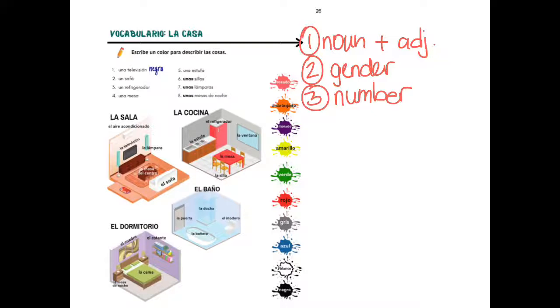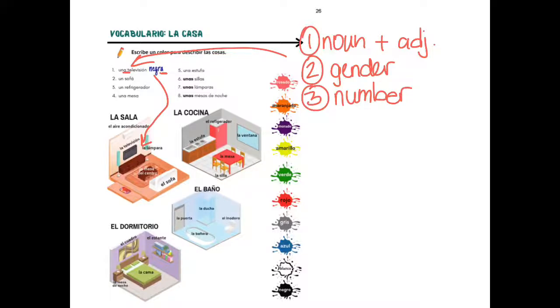But if you take a look at number 1 over here, we have una televisión, a television. The una is telling me that this is feminine. So when I go to put the color here, and you can see the color from the picture, it's going to be negro. I'm going to change negro to negra to reflect that.